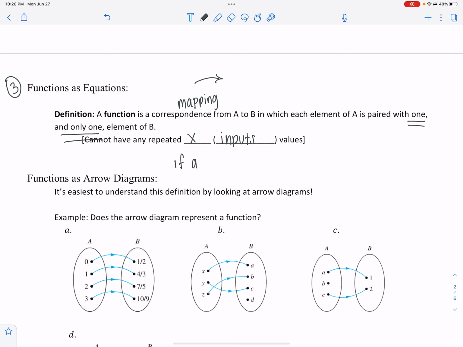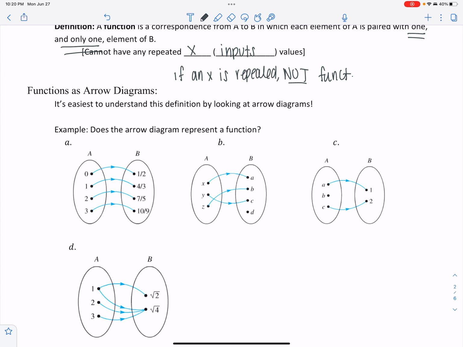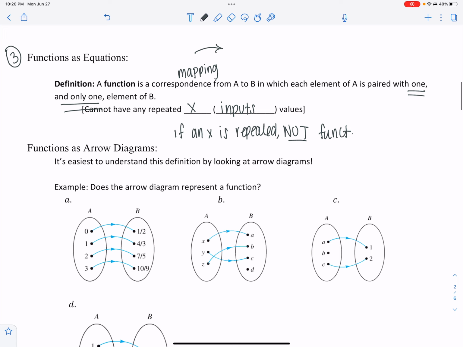So if an x is repeated, we would write that that thing is not a function. We're going to look at that throughout the rest of this section. So just for now, store that information. Let's use it in these arrow diagrams. The next one is functions as arrow diagrams.